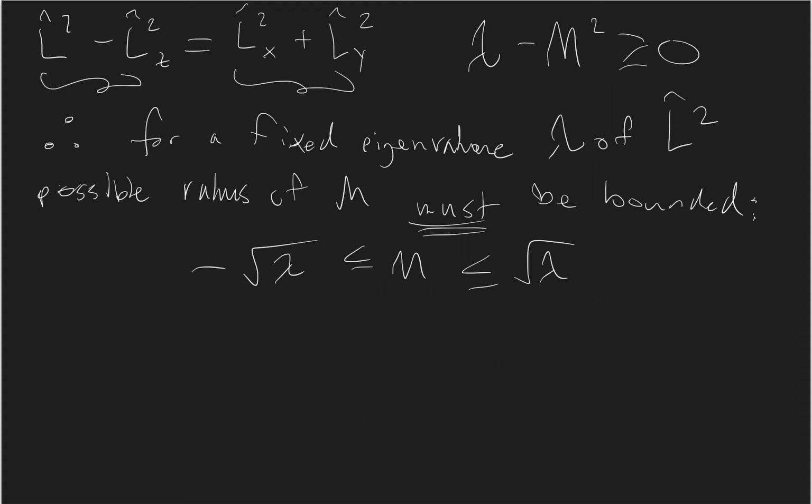The eigenvalues must be squeezed between this m value that we were talking about, and so that means there exists a maximum value m max and some m min. Okay, that's basically the logical consequence of the algebra that we've shown.